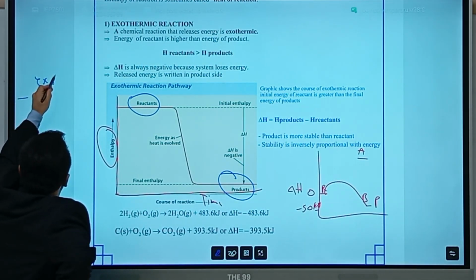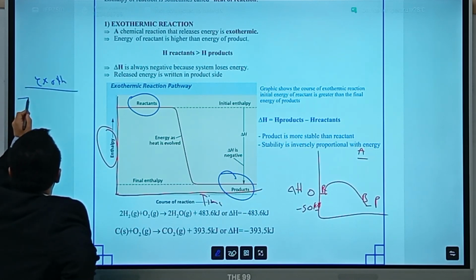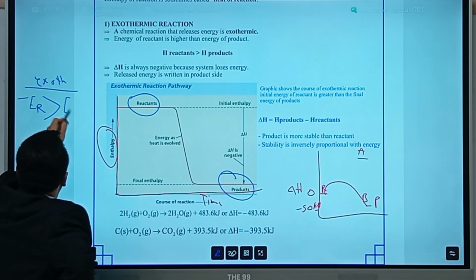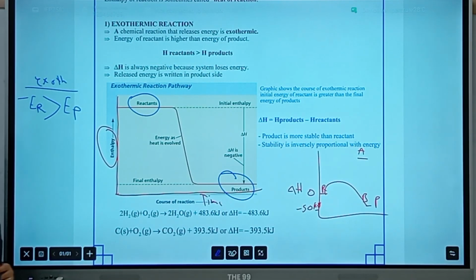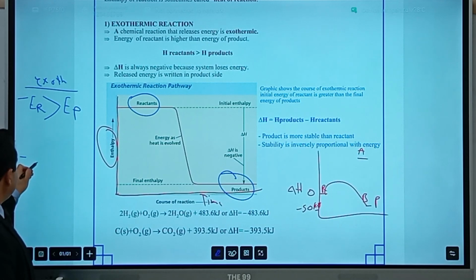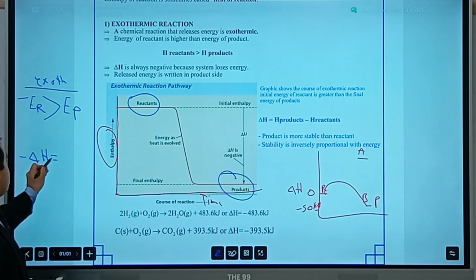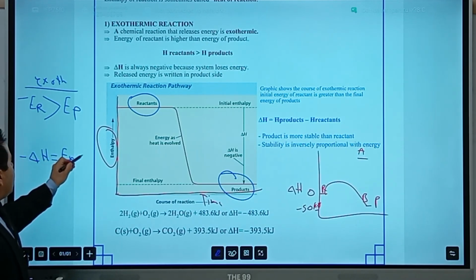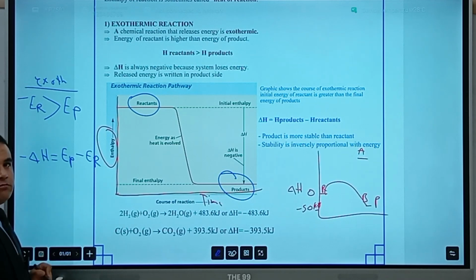For exothermic course of reaction, always E reactant is higher than E product. Or the enthalpy of the reactant, the energy of the reactant, is in a higher position than the product. Second, delta H is equal to E product minus E reactant.